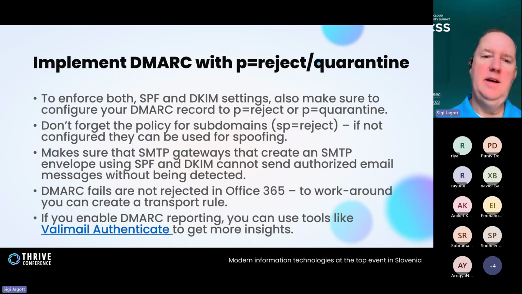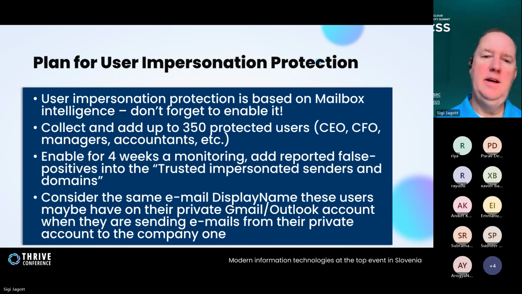You can work around that, but you need to create a transport rule for rejecting those kinds of emails. And if you enable DMARC, consider tools like Valimail, for example, to authenticate. So that's a lot of DMARC.